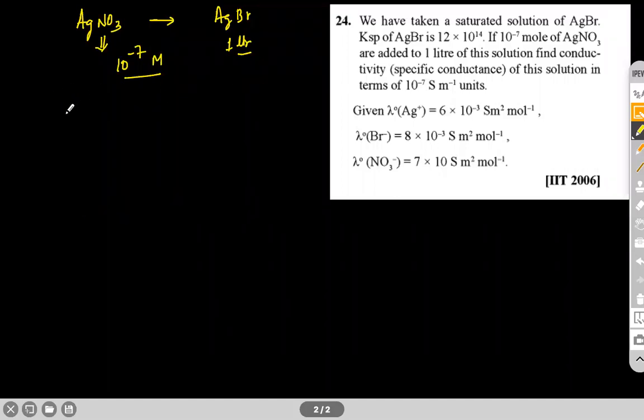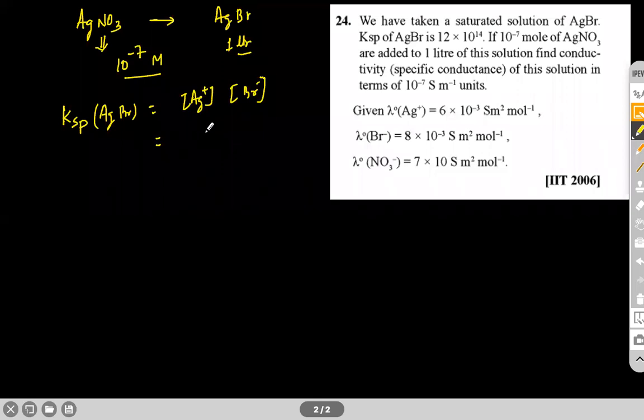So if I write down the Ksp of AgBr, that will be concentration of Ag plus and concentration of Br minus. 10 to the power minus 7 molar we have added. So Ag plus concentration is what? S plus 10 to the power minus 7, because this is the concentration we have added. If solubility is S, then S plus this, and Br minus is S only.